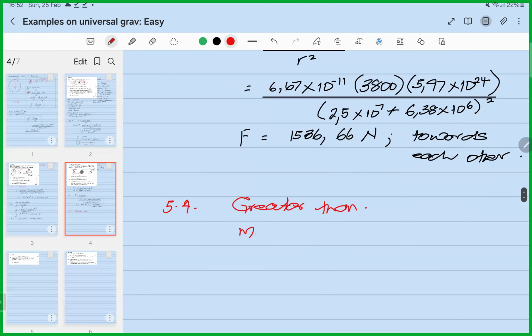The mass of B is greater than the mass of A. So your force is directly proportional to the product of the masses.